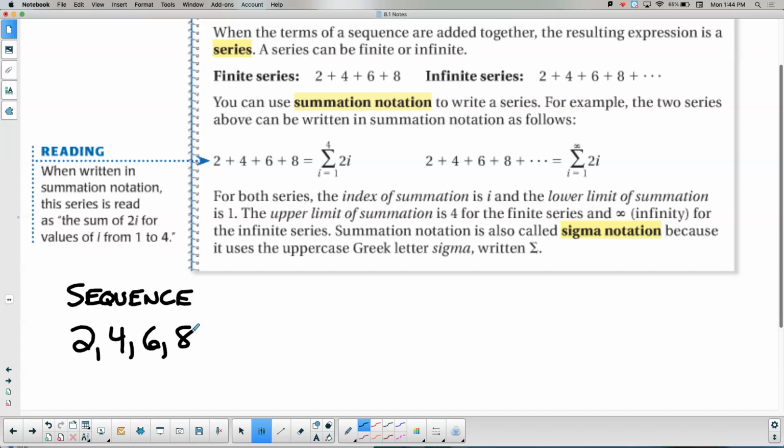Right? It's the sequence that we had. Second slide. The series of that same sequence would be written as 2 plus 4 plus 6 plus 8. No commas, addition signs instead.